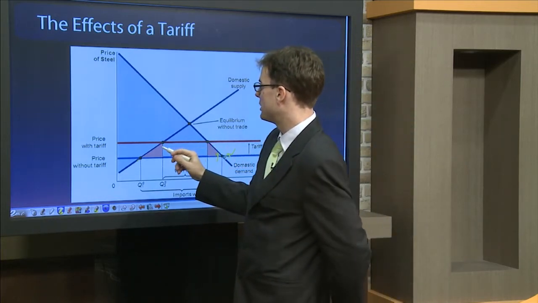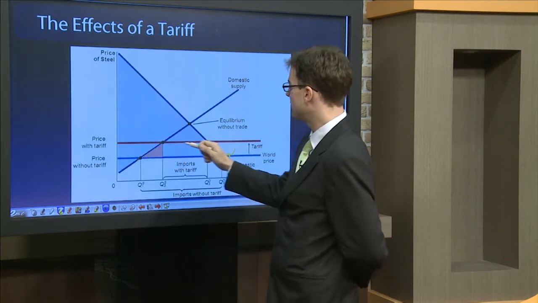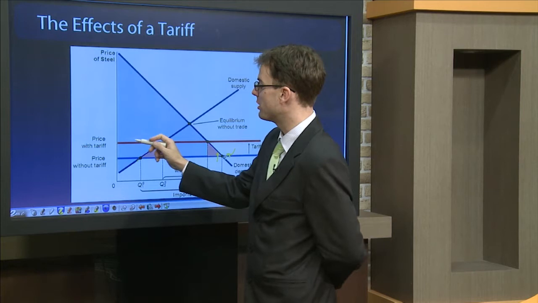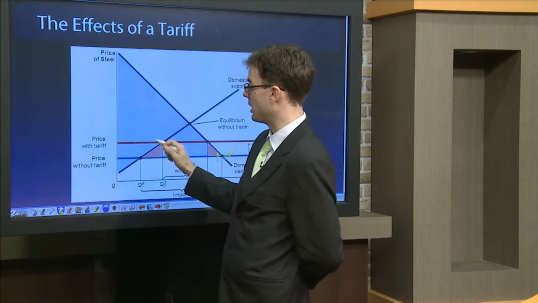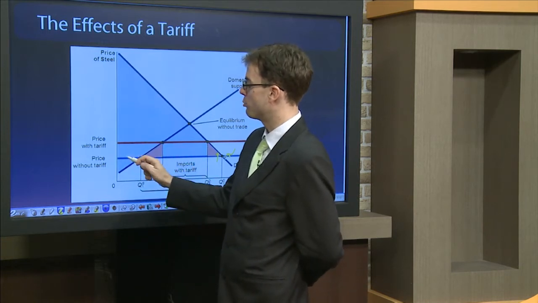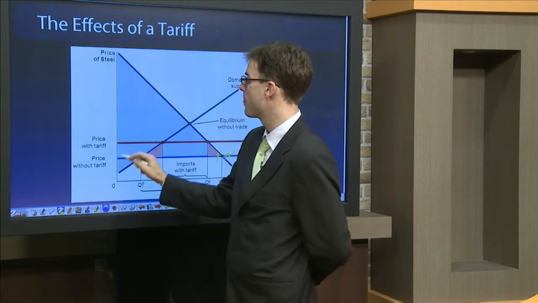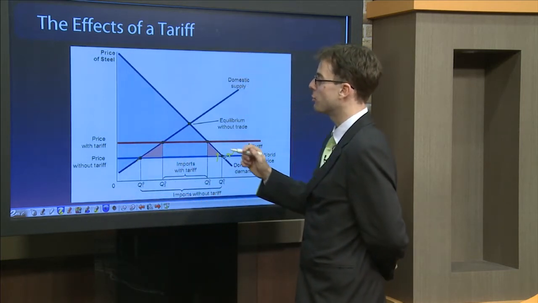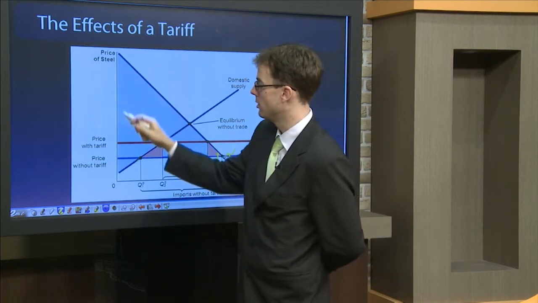We can observe that with this effective world price with a tariff, producers in the economy get a surplus equal to this triangle here. So producer surplus increased from this small triangle to a bigger triangle. Consumer surplus decreased. It used to be this large triangle here.